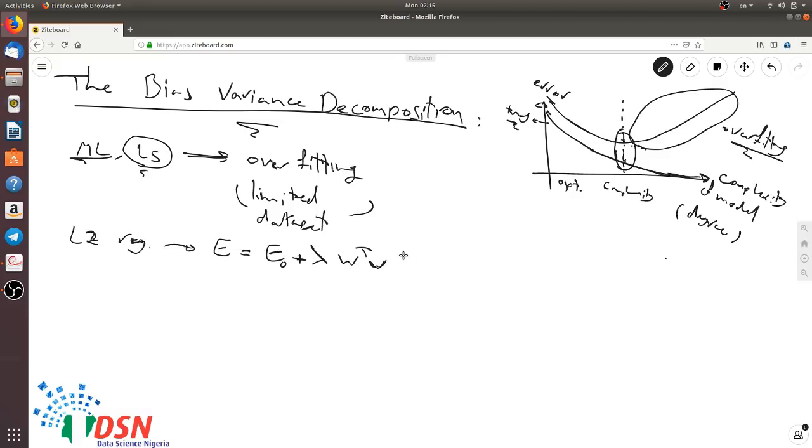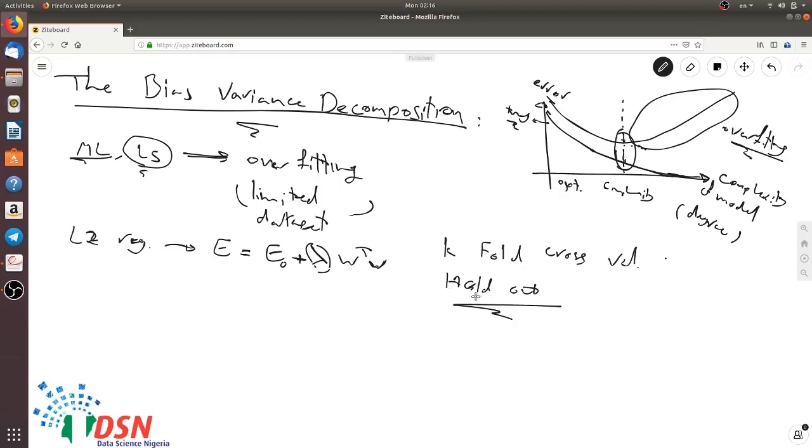But the point is that choosing lambda is actually not an easy task. One way of determining lambda was to use k-fold cross-validation or holdout validation to determine a suitable value of lambda, but it could be computationally expensive.